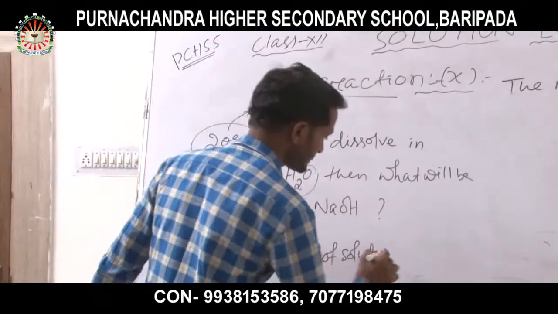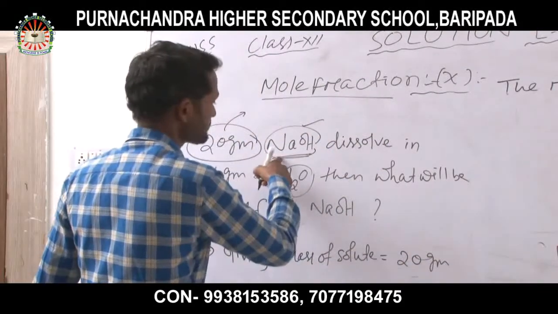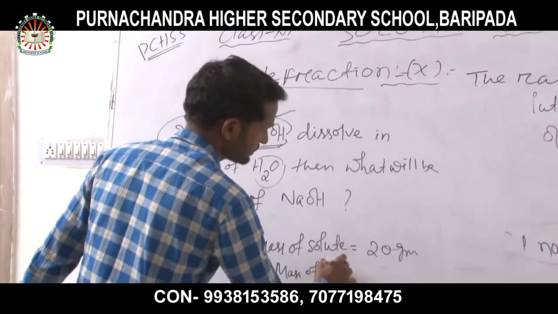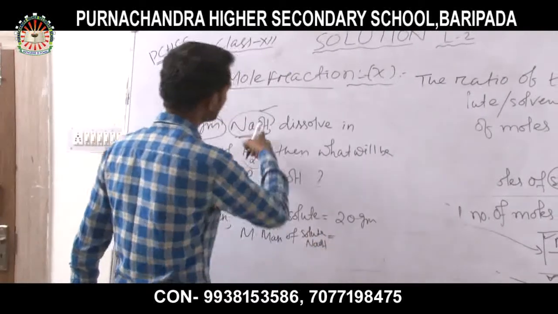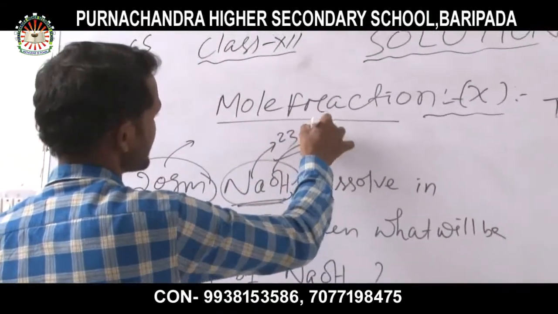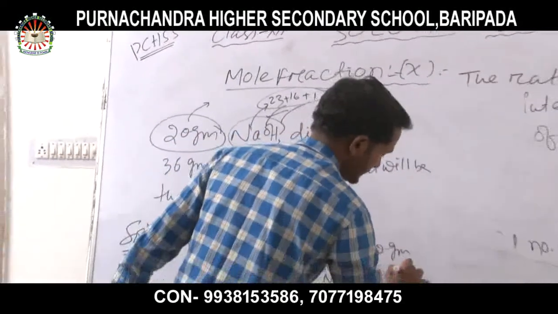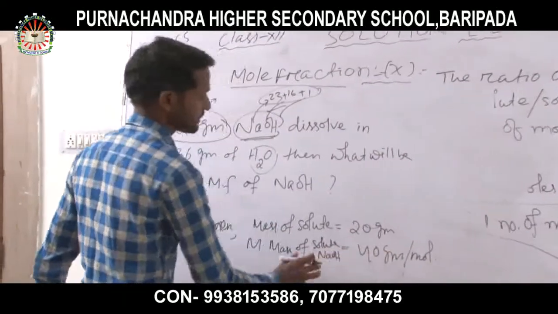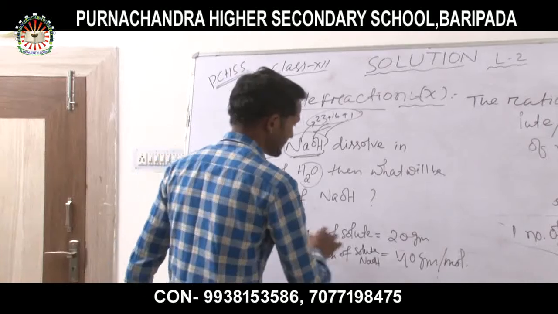So mass of solute equals 20 gram. Now the molar mass of sodium hydroxide: sodium is 23, oxygen is 16 and hydrogen is 1. So the total is 40 gram per mole. One mole contains 40 gram of sodium hydroxide. So that is the mass and molar mass of solute.